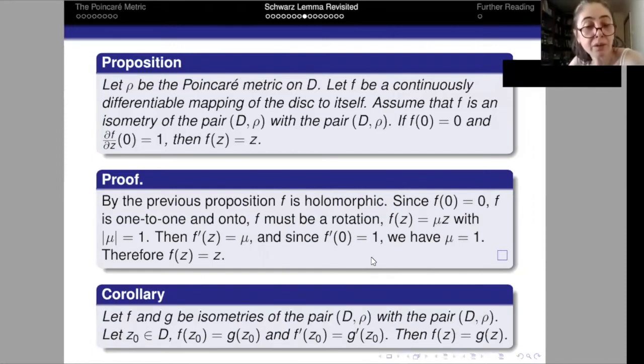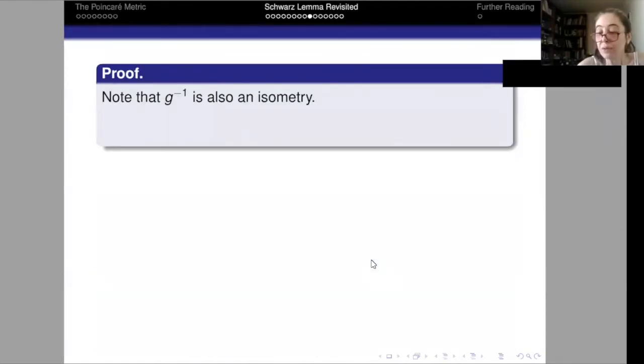So we have a corollary. We take two isometries f and g and a point z0 in the disk. If f(z0) is equal to g(z0), and the derivative of f at the point z0 is equal to the derivative of g at the point z0, then these two functions are equal. We first note that g to the minus 1 is also an isometry.